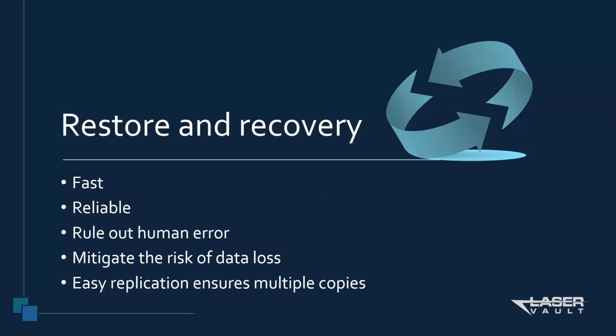So rule out human error, mitigate the risk of data loss. And really that comes into play when you're replicating your backup, because replication ensures multiple copies. Physical tape, you have one. With a virtual tape solution, you can have two, you can have three, you can go from disk to tape if you want that air gap feature.